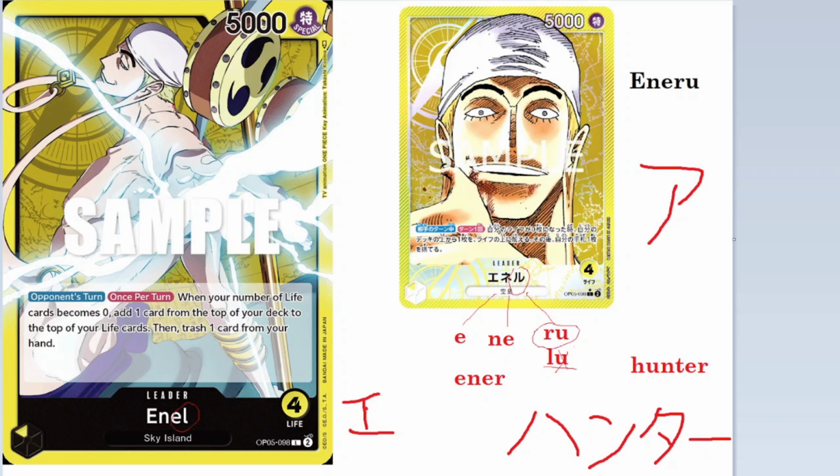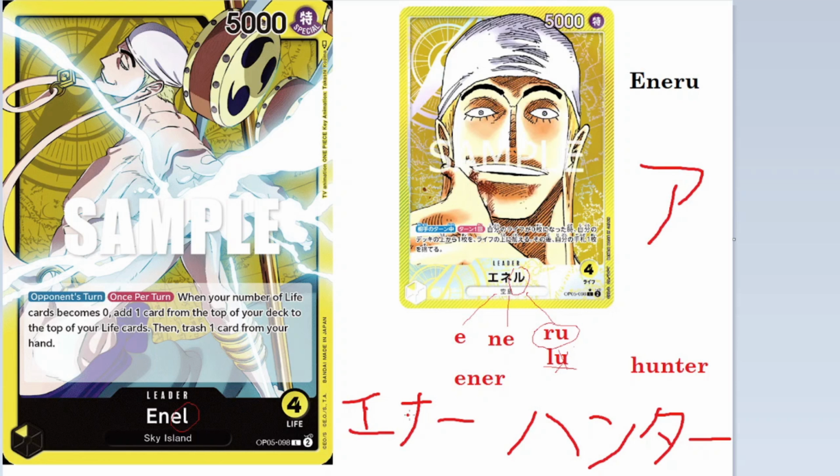Oh, of course. Na. It looks like this, kind of. And then you would hold it out. So if Ener's name was Ener, it would look like Ena in katakana, not Eneru. So all that to say, we know it's definitely not Ener.